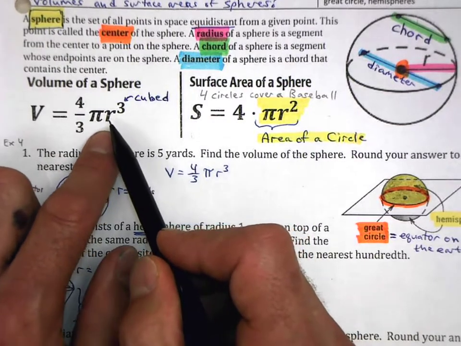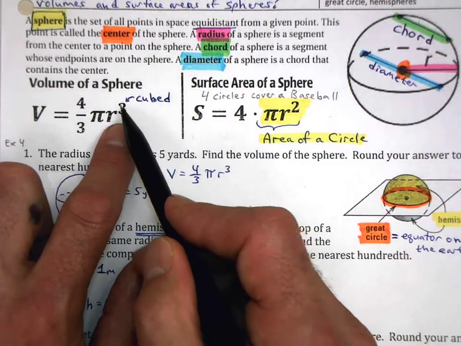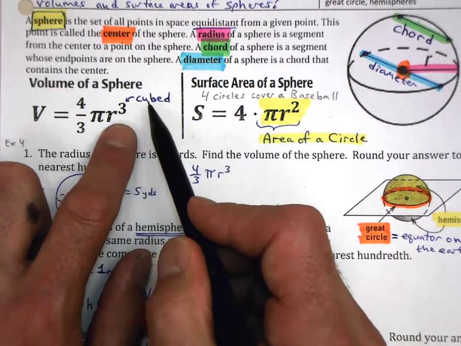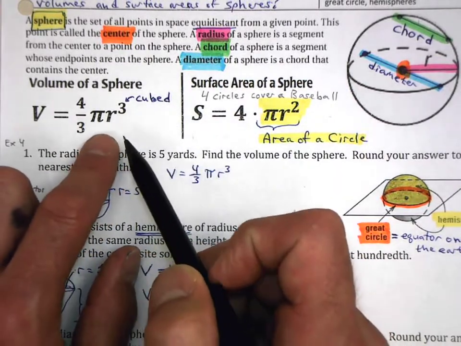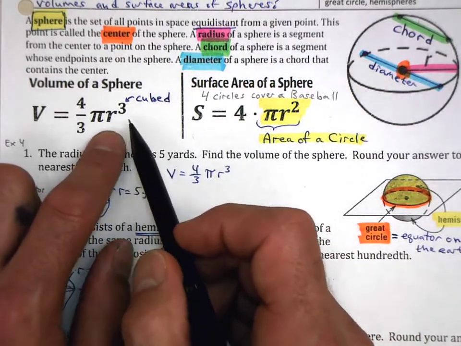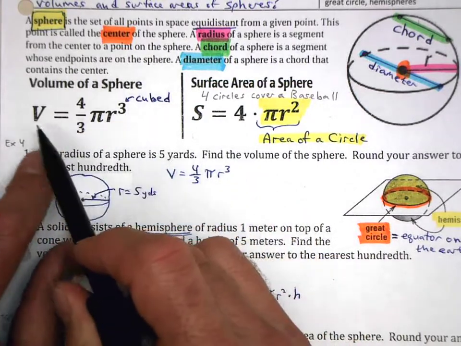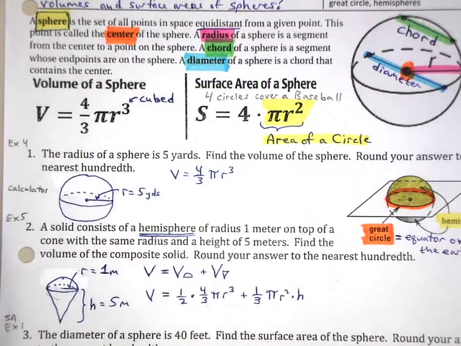When you have a number raised to the third power, the exponent is 3, we call that cubed. And you know that for volume, you want cubed units anyway, so that tips you off. Hey, it's got a third power, that's going to refer to volume.